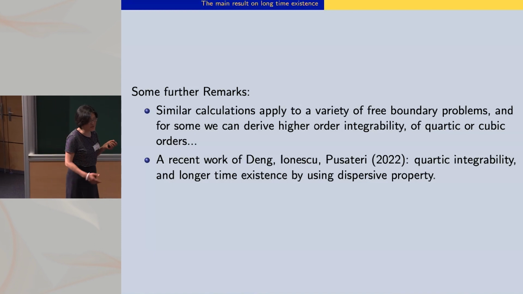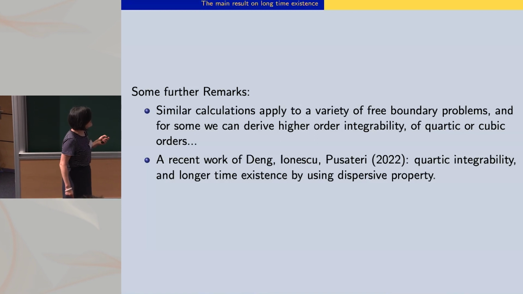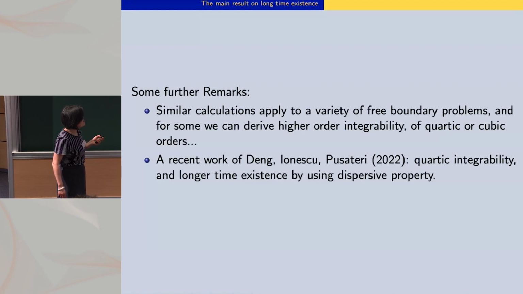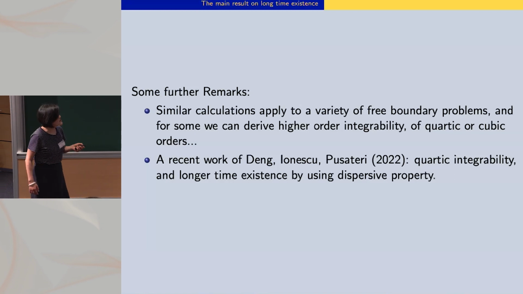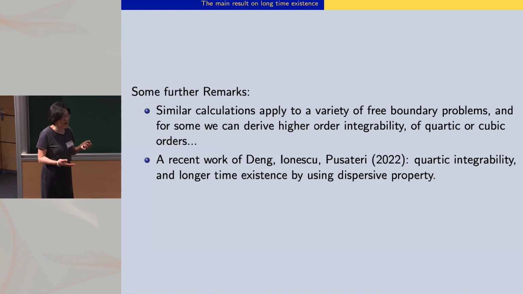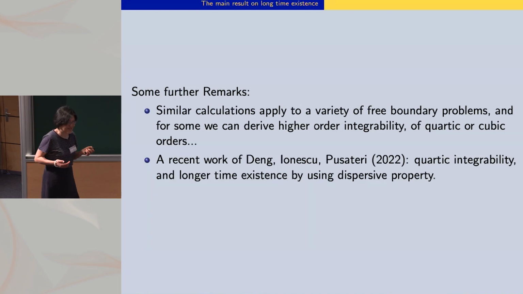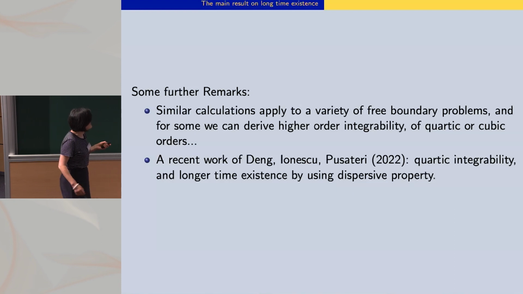I'm not giving details here, but I want to mention the recent work of Ionescu and Pusateri. They obtained a similar quartic integrability result, and they also further use the dispersive property and this quartic integrability to push the time of existence to some epsilon^-8, I don't remember exactly.